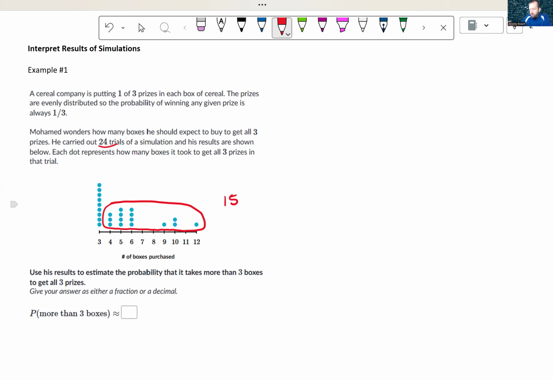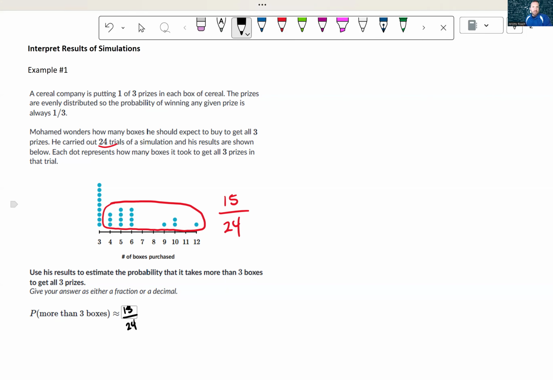It says he did 24 trials. That means there's 24 blue dots total. So 15 over 24. We're just going to leave that as our final answer for our fraction, for the probability that it took him more than 3 boxes to get all 3 prizes. 15 over 24 is our answer for that one.